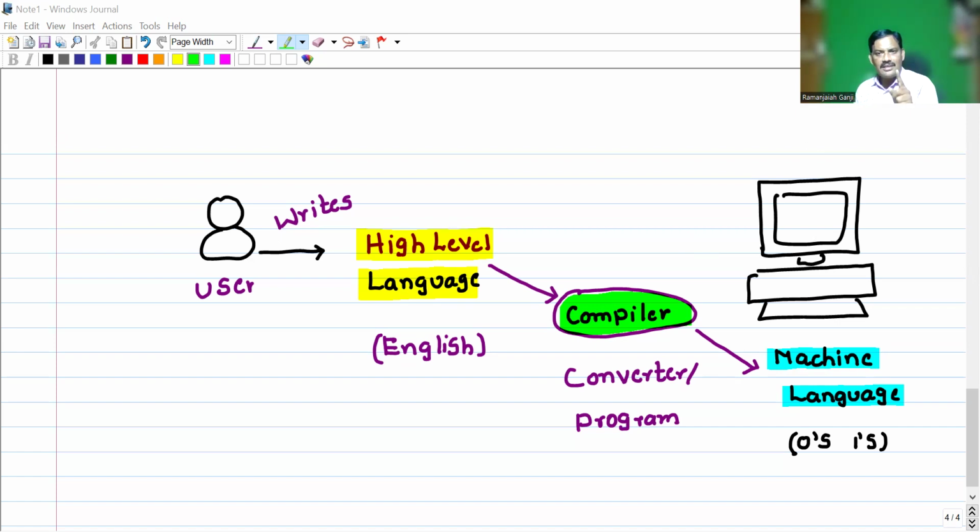So one translator is for assembly language to machine language. What is that? Assembler. Another translator is the compiler. What is a compiler? It is a translator which converts high-level language into machine language. And one more translator is there. That is the interpreter.